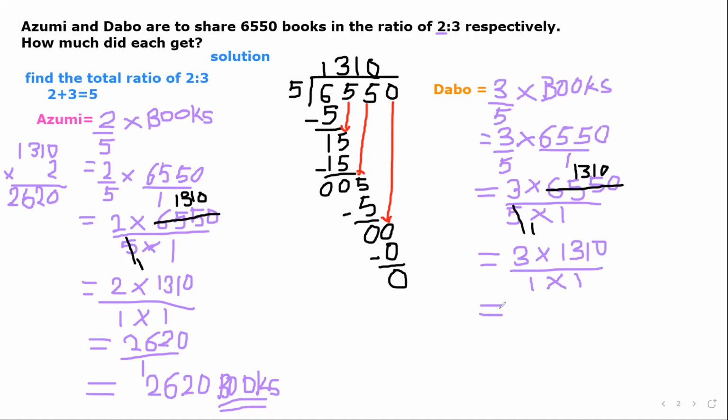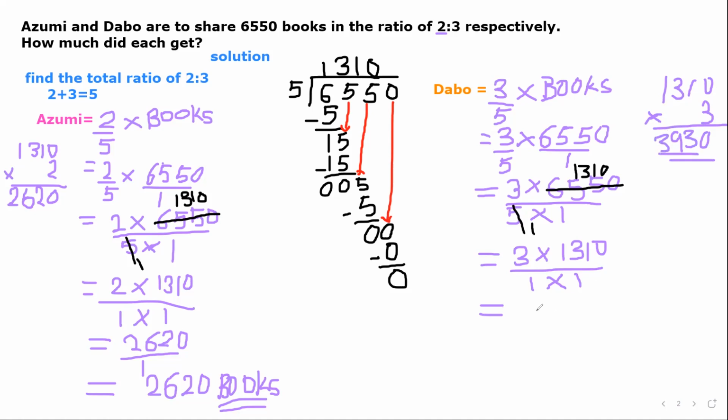And then you do your multiplication somewhere. 1,310 times 3. We have 0. 3 times 0 is 0. 3 times 1 is 3. 3 times 3 is 9. 3 times 1, which is 3.